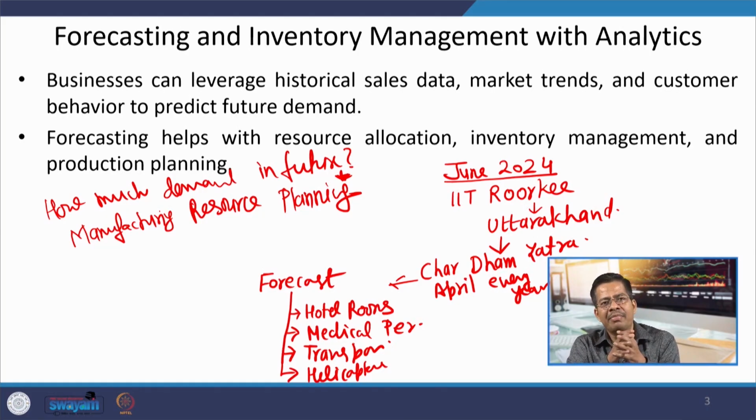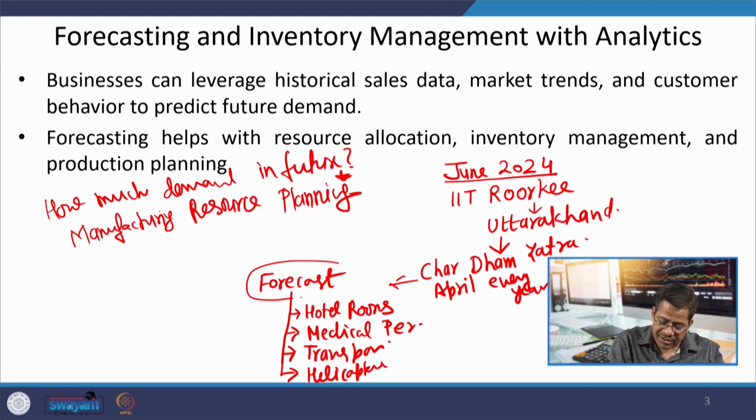Now, because of all these issues, a large number of devotees are being harassed, they are facing infrastructure issues, a lot of problems and so on. So, the first important thing where analytics will be very useful is this process of forecasting.